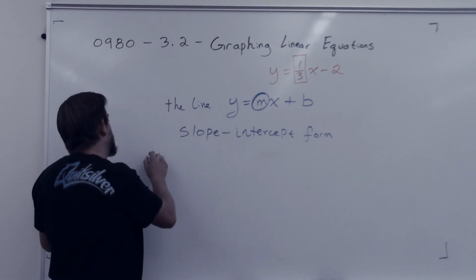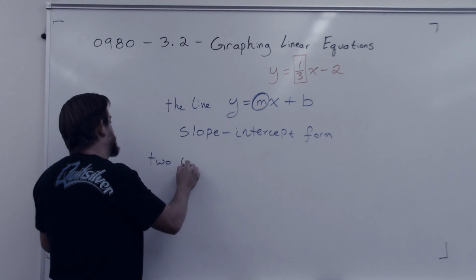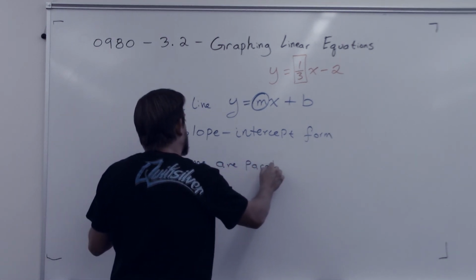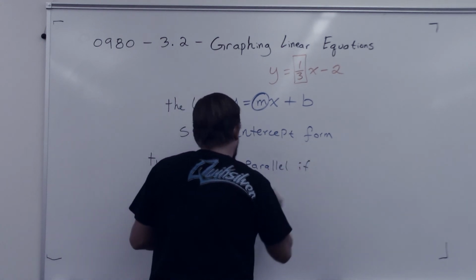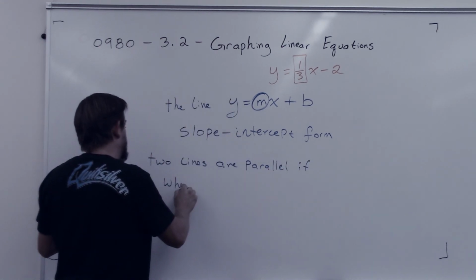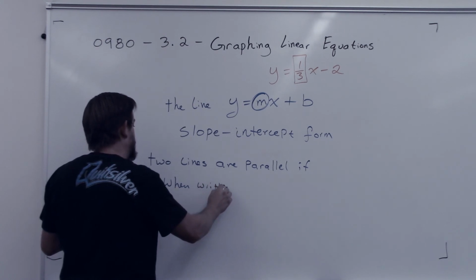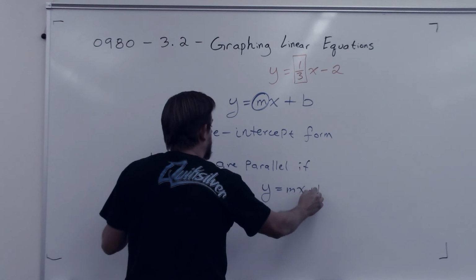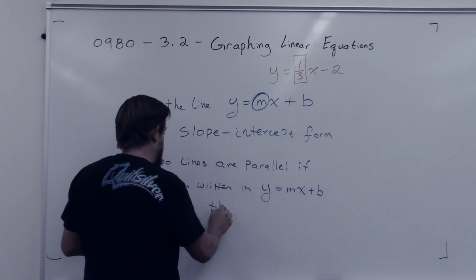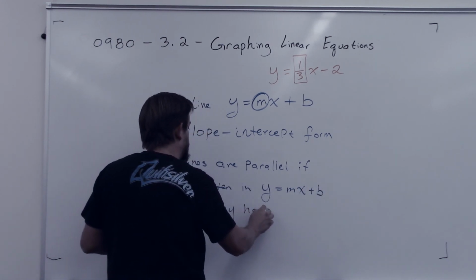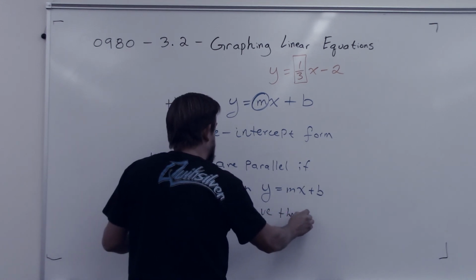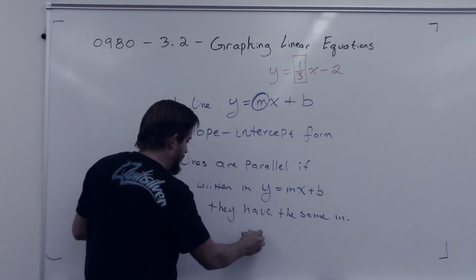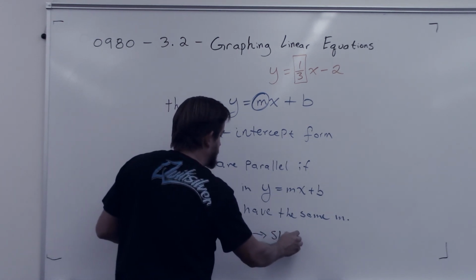And so two lines are parallel if, written in the y equals mx plus b form, they have the same m. And that means that we can then define m as the slope of a line.